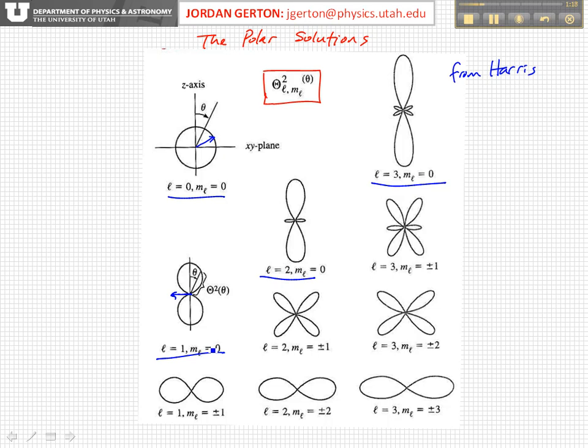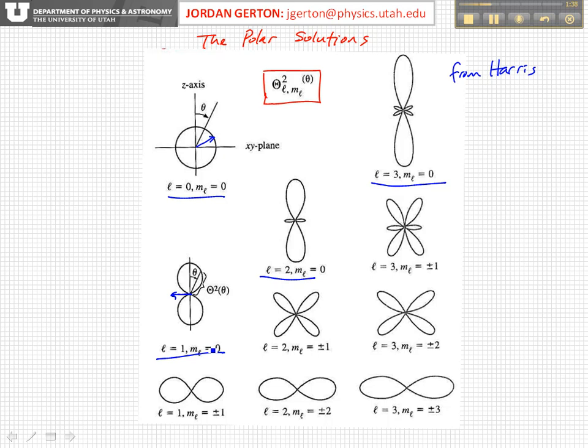Remember, to have angular momentum along the z-axis, the electron has to basically be orbiting around the z-axis. If it's oscillating along the z-axis, that does not contribute to the z component of the angular momentum, and so this makes sense.